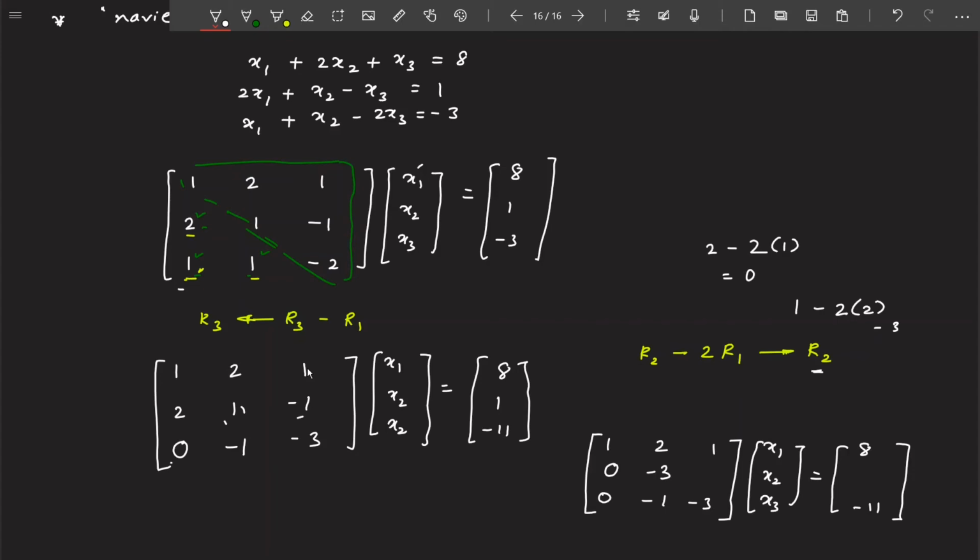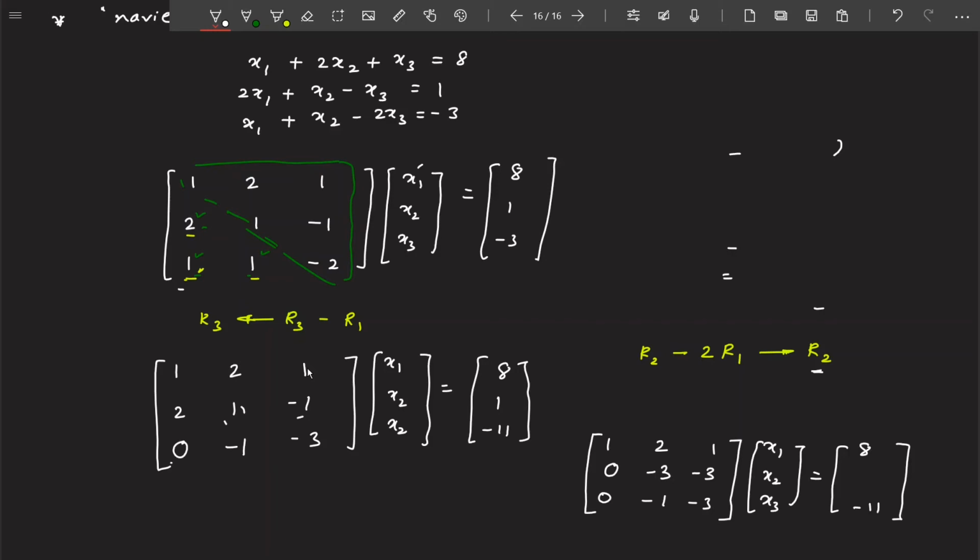Let's talk about this element now. Minus 1 minus 2 into, what is the value of R1? R1 is 1. So minus 1 minus 2 comes out to be minus 3. Now let me erase this.